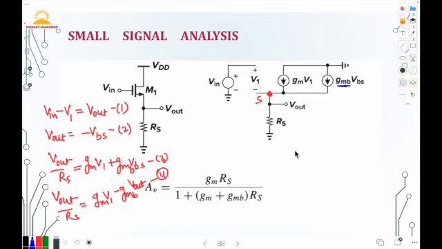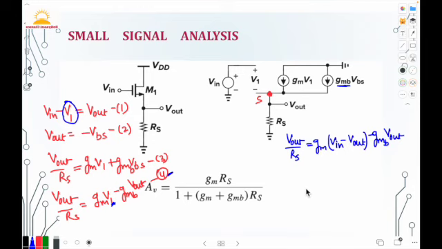Now, substituting the value of V1 from equation 1 into equation 4, it is Vout upon Rs equals gm times (Vin minus Vout) minus gmb Vout.